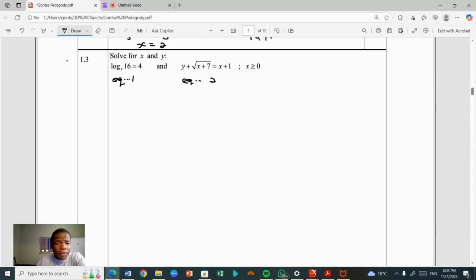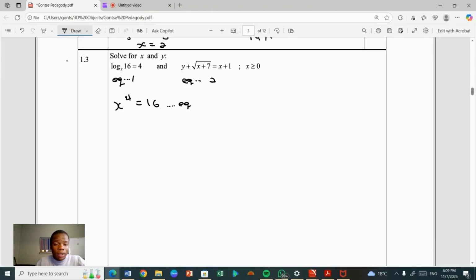So there we have log base x of 16 is equal to 4. So the rule of logarithms says that x to the power 4 is equal to 16, right? Then from there, this is our equation 3.